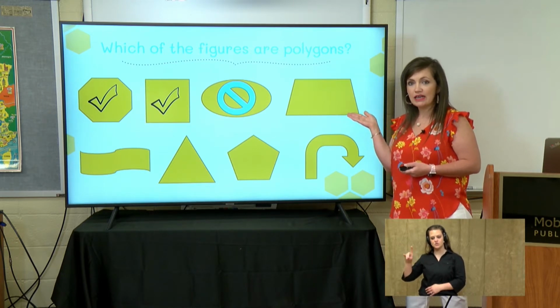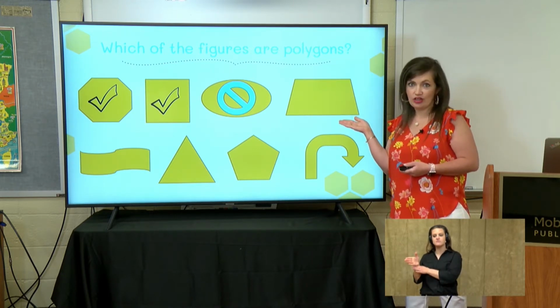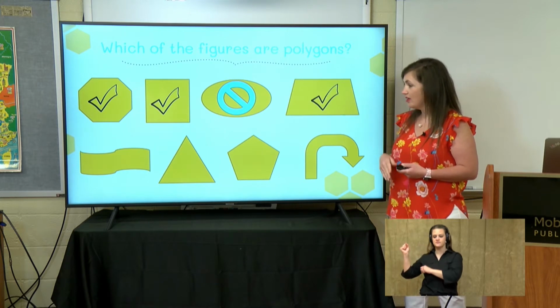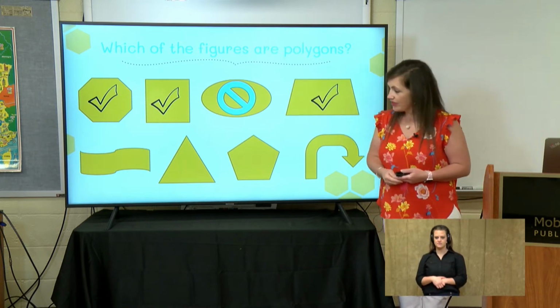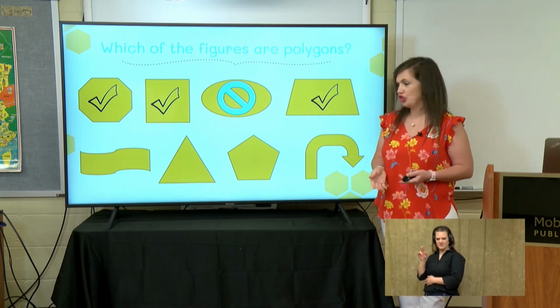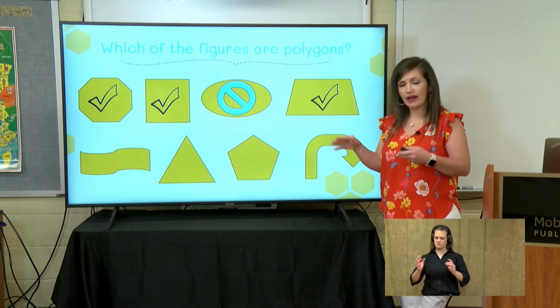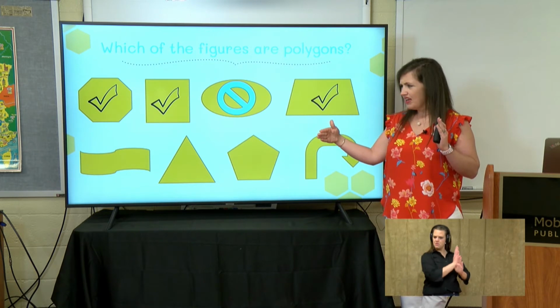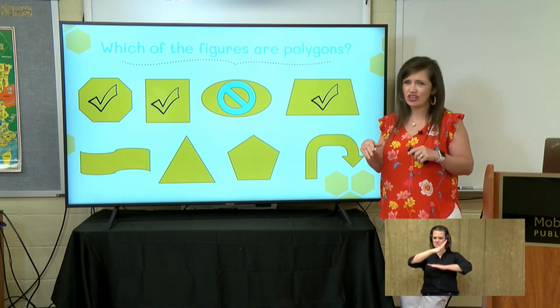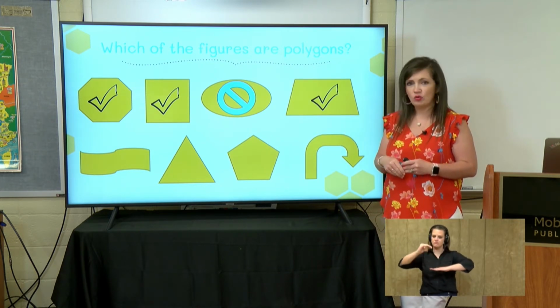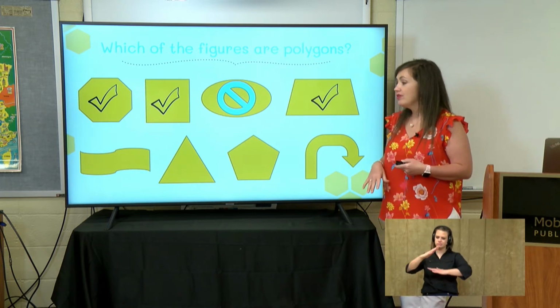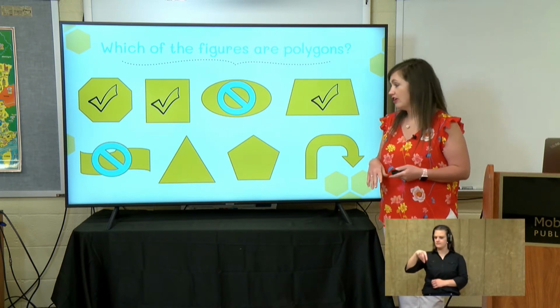Does it have straight sides? And it's closed? Yep, it's a polygon. Let's look at that one down there. Kind of looks like a banner or something. Well, it has 2 straight sides, right? One on each end, but the top and bottom, right? They're kind of waved, so that would not be a polygon.